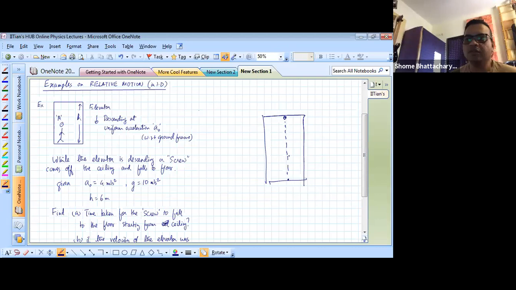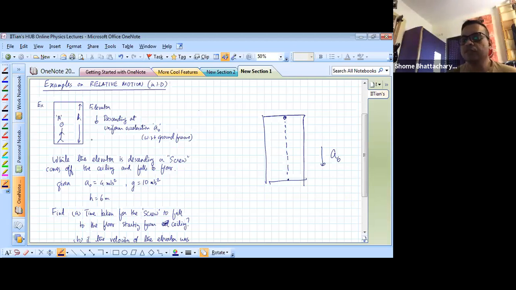The duct is long enough that throughout the time the screw is falling, the elevator is in continuous downward motion with a uniform acceleration a0. You just need the height of the elevator's chamber itself, and that is given to you as 6 meters.